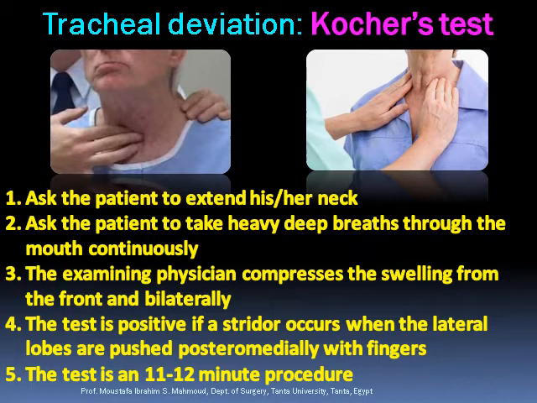The examining physician compresses the swelling from the front and bilaterally. The test is positive if a stridor occurs when the lateral lobes are pushed posteromedially with the fingers of the examining doctor.